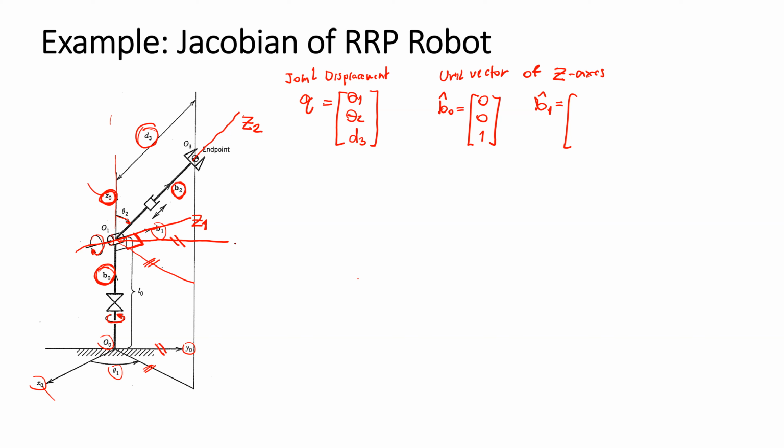In the beginning, z1 points in the same direction as y0, but if we rotate by theta 1, it means that z1 makes an angle theta 1 with the axis y0.